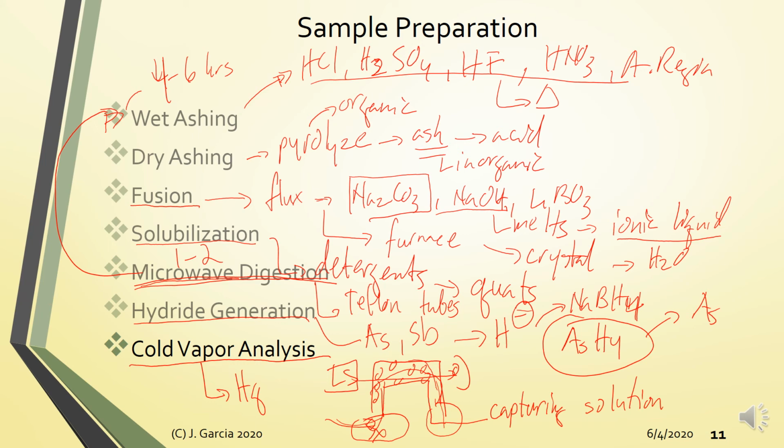So aside from mercury, I think you can also analyze gallium using this technique. Again, for metals that are liquid at relatively room temperature. So these are now your sample preparation techniques.